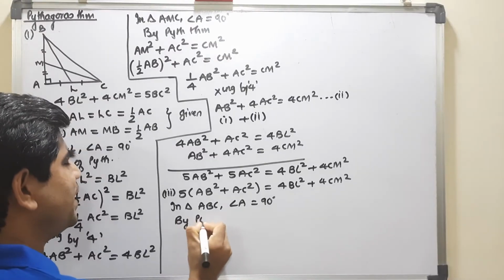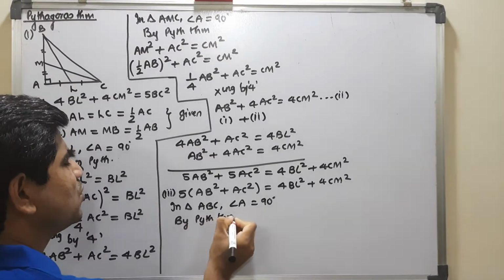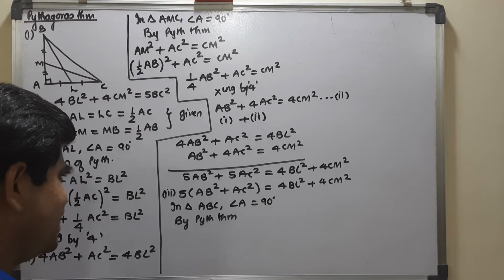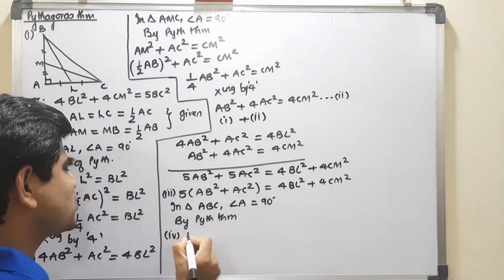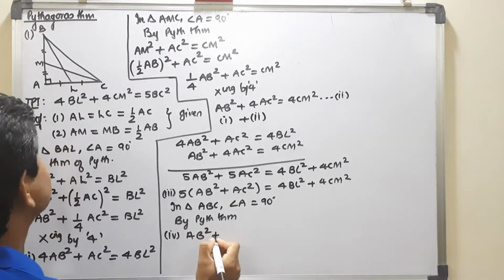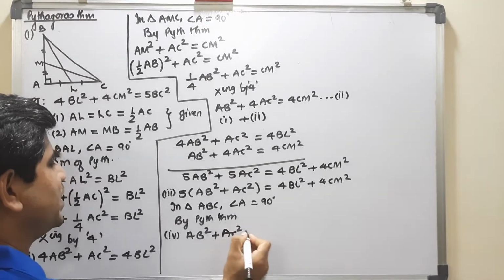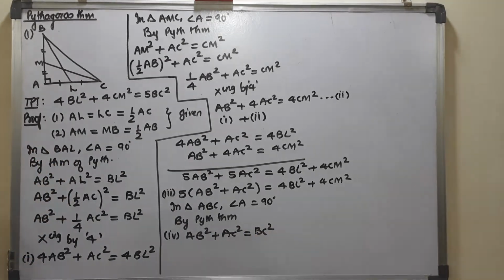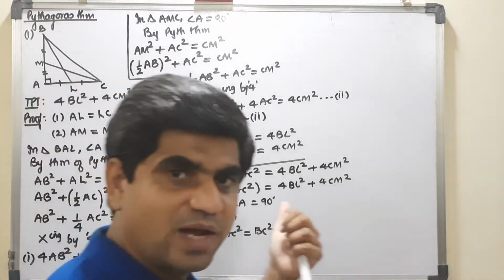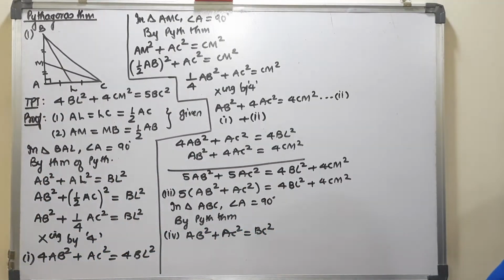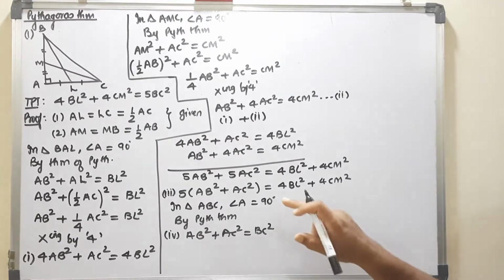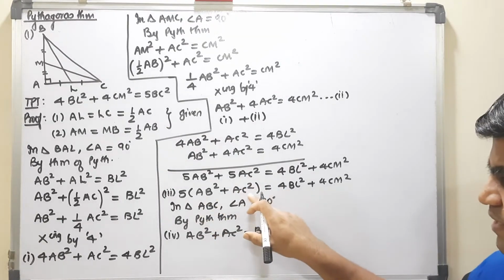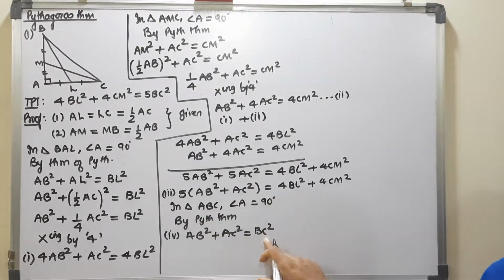So obviously by Pythagoras theorem, what I get is AB square plus AC square is equal to BC square. That means the value of AB square plus AC square will become BC square. So wherever AB square plus AC square is there, I will write BC square.